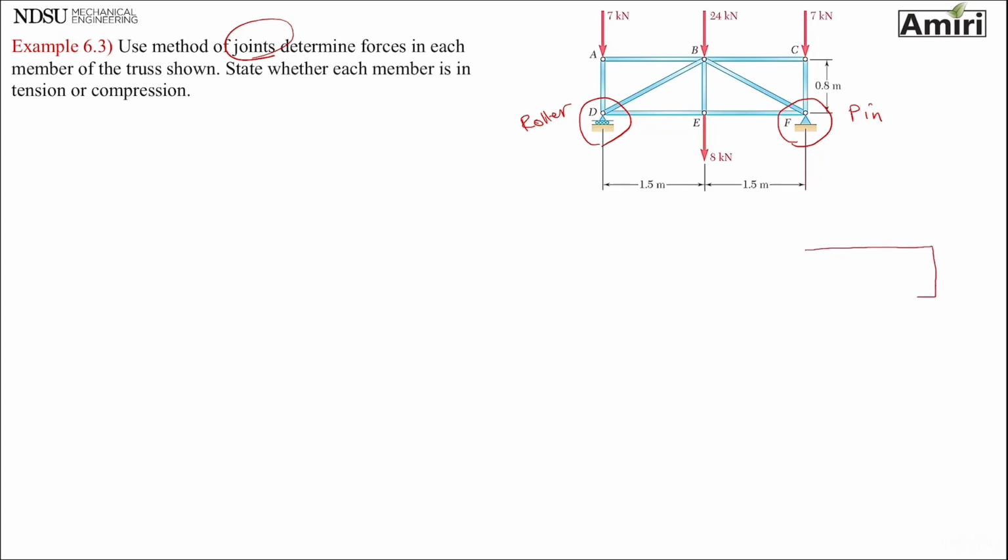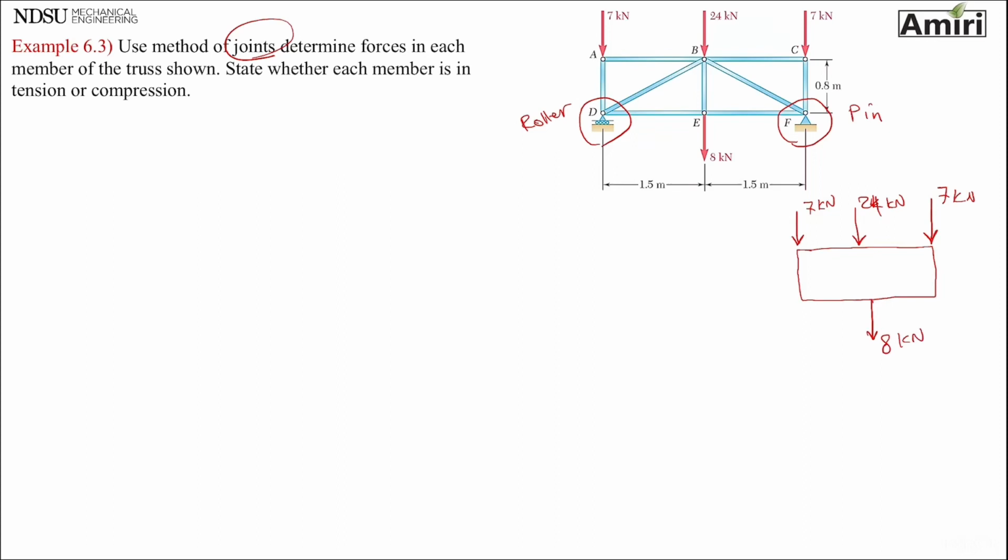To find reactions, we treat this as a rigid body. Step 1, outline of the shape without any supports or anything. Step 2 is active forces: 24, 7, 8. Step 3 is reactive forces.